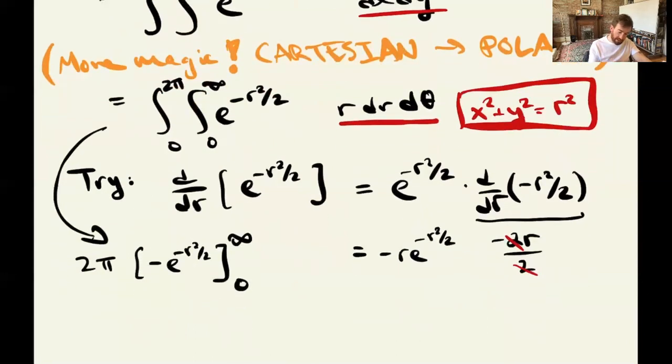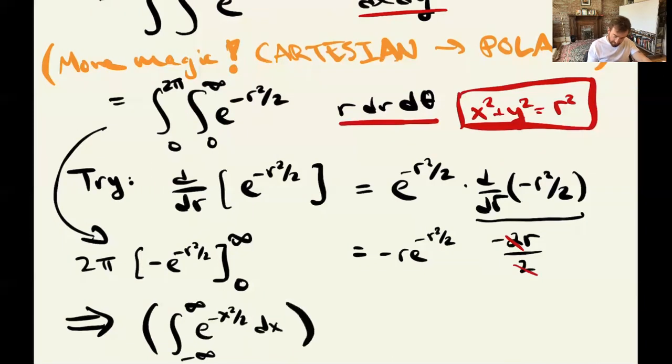But when we plug in infinity to the e to the minus something, that's going to go to 0. And then we plug in 0, we get 1. And so actually the value of this integral, let me just go ahead and summarize everything I was trying to say. This squared is actually equal to 2 pi.